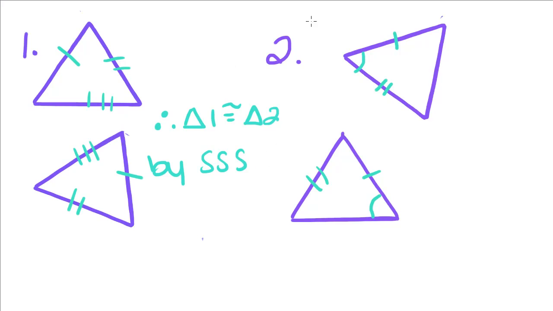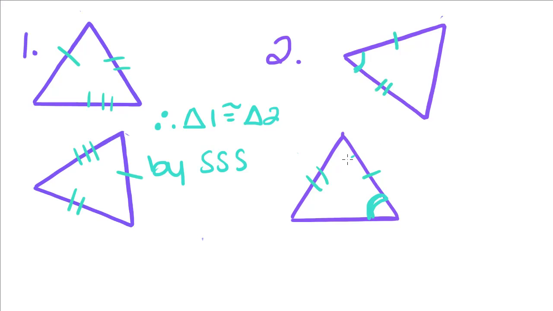Now I'm going to look at this one. I know this side is congruent to this side. This side is congruent to this side. So far we have 2 congruent sides. But if you look, this angle is the included angle of these 2 sides. But this angle over here is not the included angle.